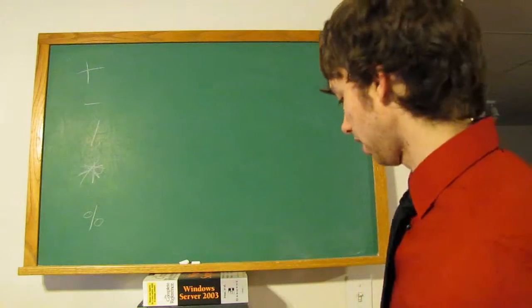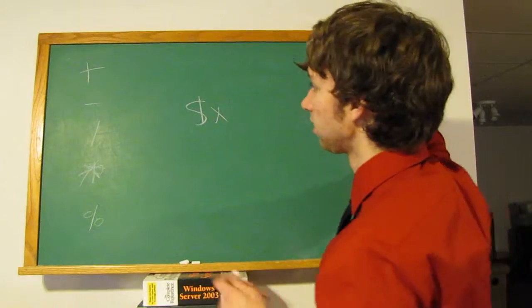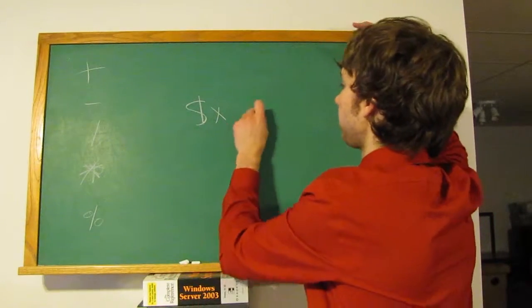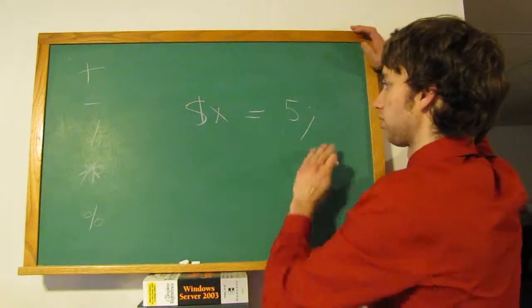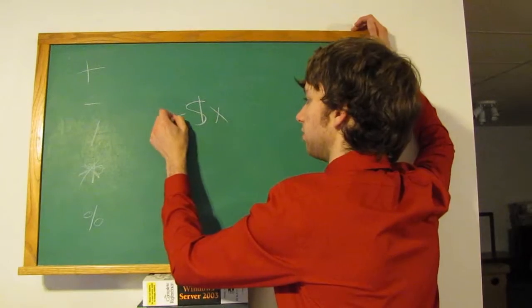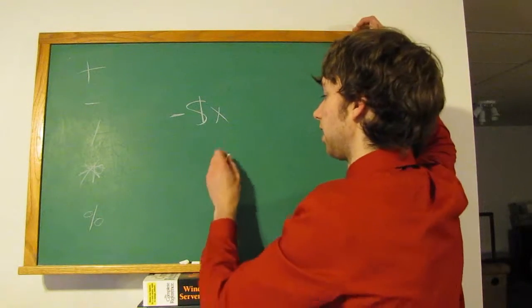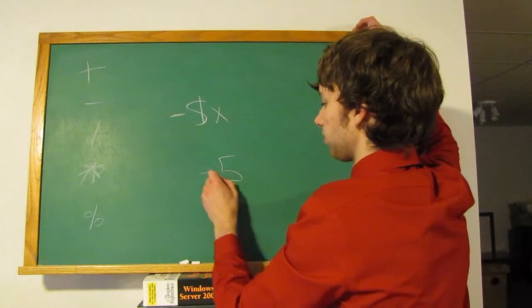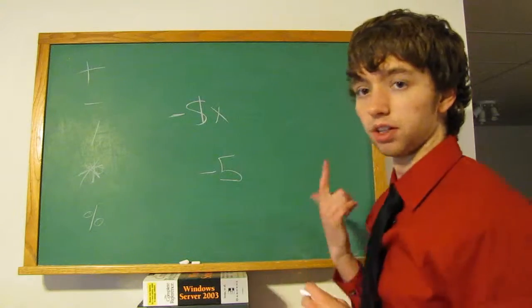So let's say we have the variable x, and its value is 5. Just for reference. Well, we can also put a negative sign before it, or a minus sign pretty much. This is going to make it a negative 5. So yes, that's an operator that only uses one value.